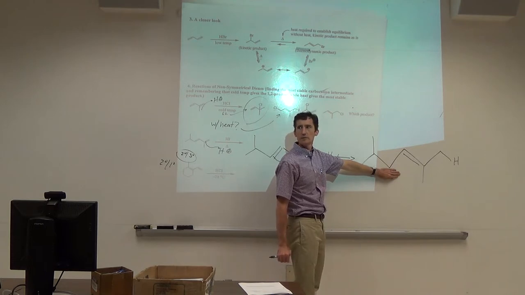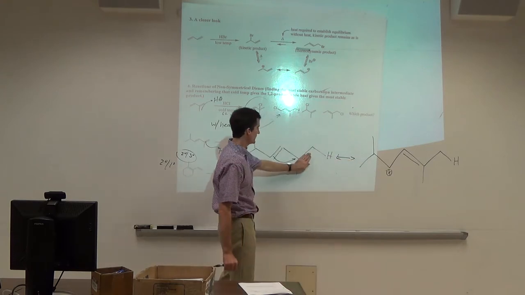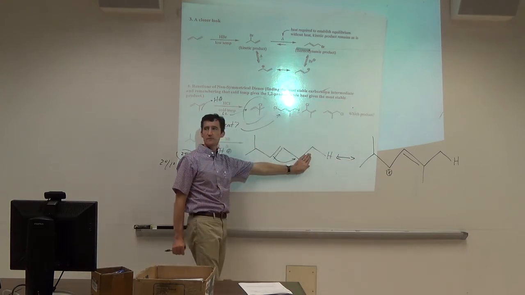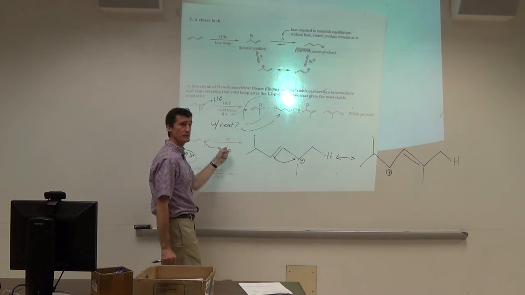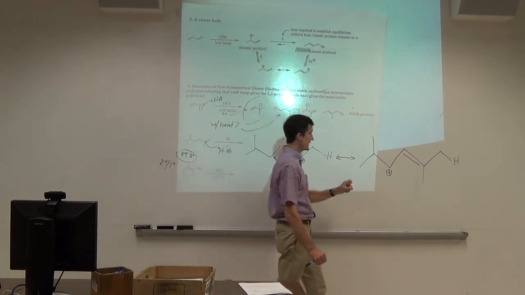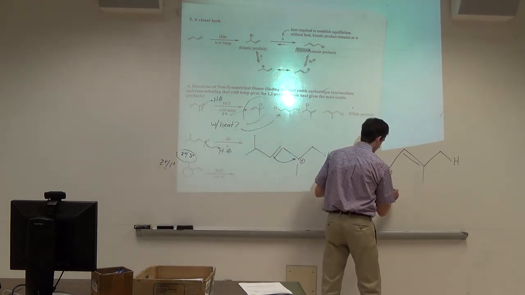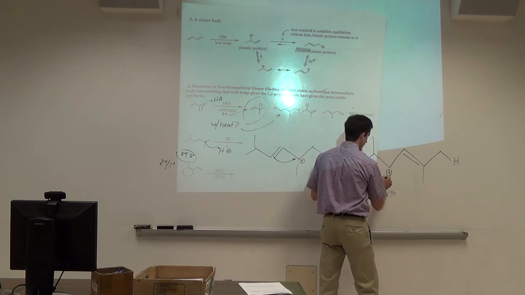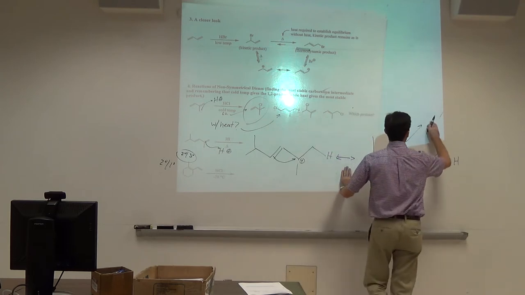What type of alkene is that in terms of substitution? How many carbon groups on that alkene? 3. Tri-substituted alkene. If the chlorine was under my hand there, what type of alkene would that be? Di-substituted. Which is more stable? Tri. Heat gives more stable. You want chlorine to add here. And so in terms of mechanism, you add here, you get the final product.